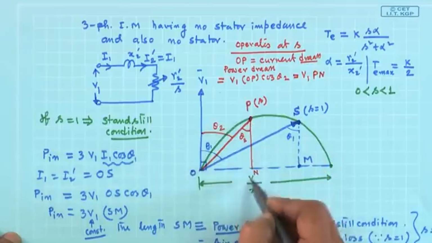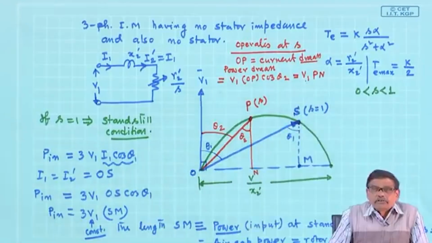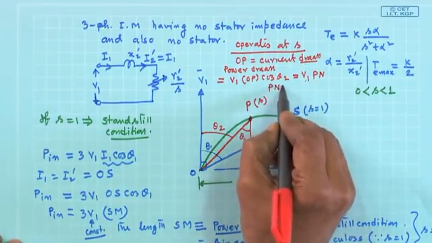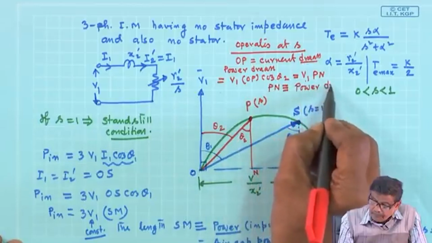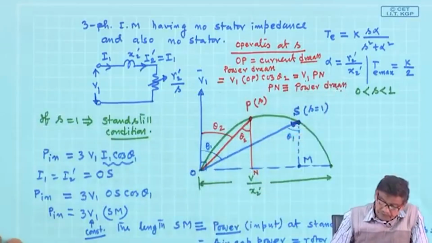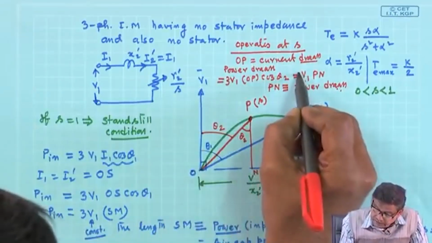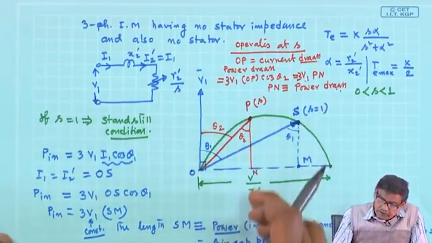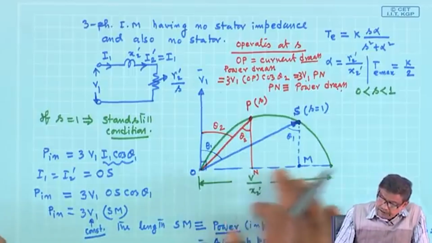So, these vertical lines can also be used to represent power, because they are multiplied by a constant, capital V1. Therefore, Pn on some other scale is equivalent to power drawn. And if you want to write total power, multiply by 3 as we did here. V1 is the per phase voltage. So, Pn is the total power drawn from the supply. So, that is also fine.